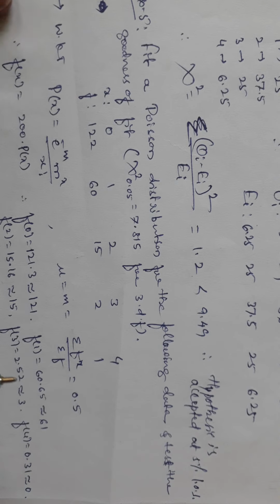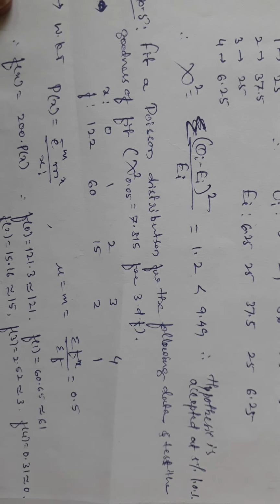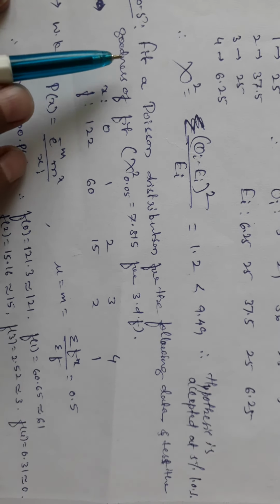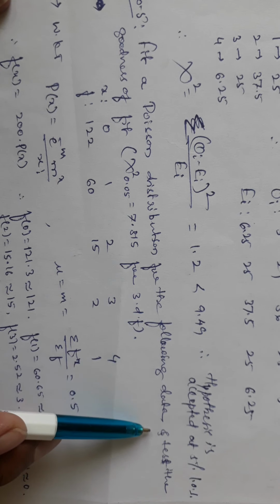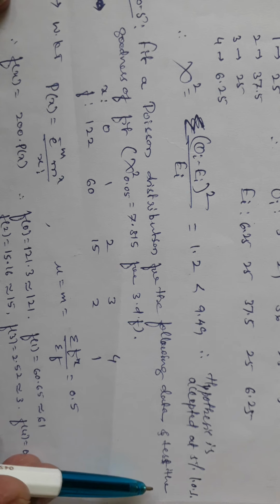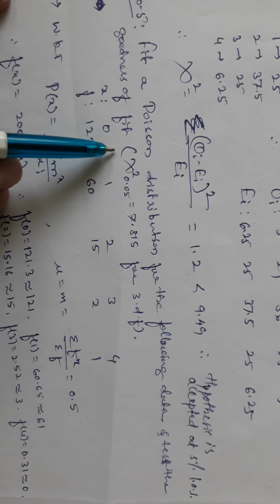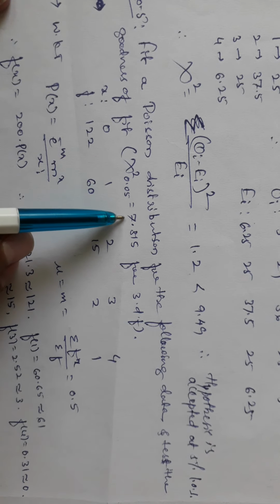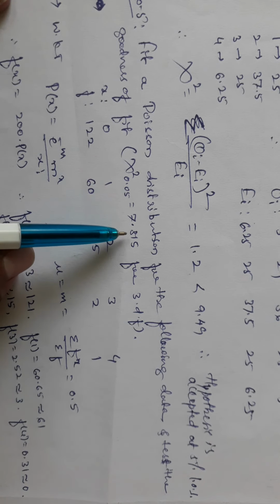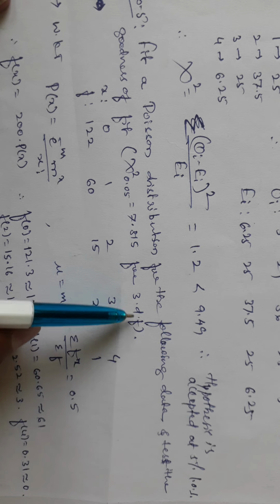Now we consider one more example with another distribution, that is, fit a Poisson distribution for the following data and test the goodness of fit. And here they have given the chi-square value at 5% level of significance, 7.815 for 3 degrees of freedom.